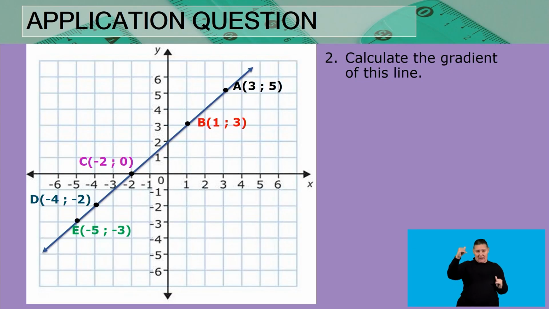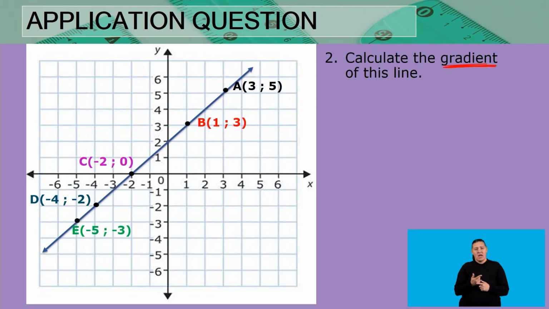So our next question, we have been given a line with many points on it. We have point A, B, C, D, and E. And we are expected to calculate the gradient of this line. Now remember, when we are calculating the gradient, we only need the vertical change and the horizontal change between 2 points only.